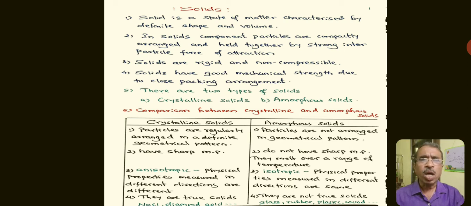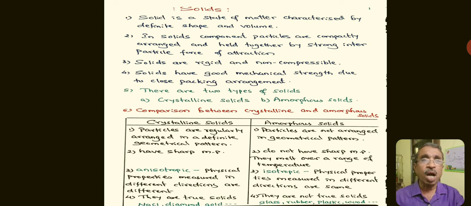Crystalline solids are anisotropic. It means physical properties measured in different directions are different, whereas amorphous solids are isotropic. It means physical properties measured in different directions are the same.